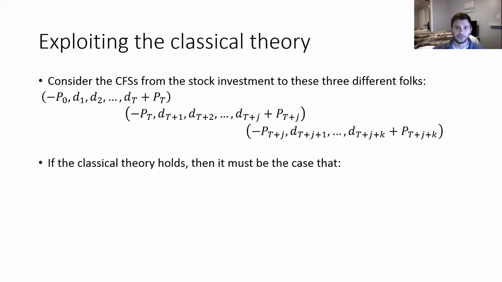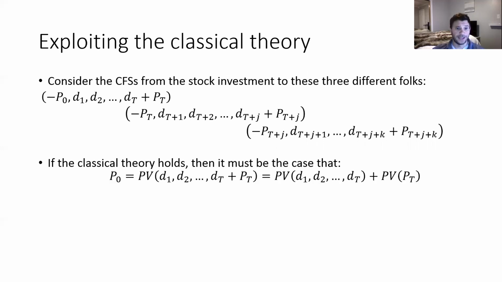If the classical theory holds, the price in period 0 has to reflect the discounted value of the future payments that are received. So it has to reflect the present value of the dividends as well as the present value of that, quote unquote, face value payment of PT, the gross price of the stock when we sell it.